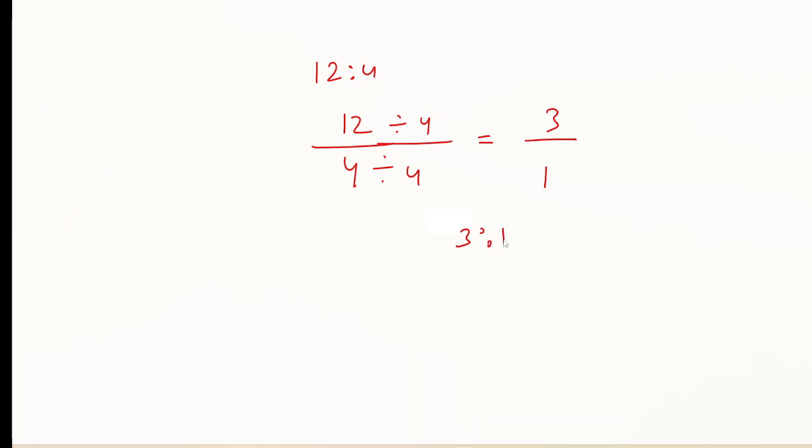Then sharing in a given ratio. Let's take an example of that. For example, if $60 is shared in 3 to 2 ratio, and you have to find how much each of them would get.